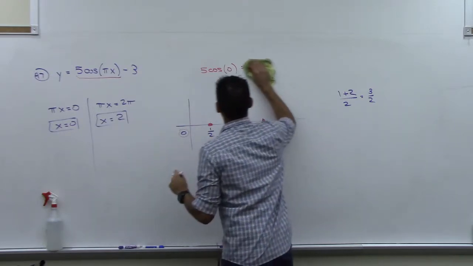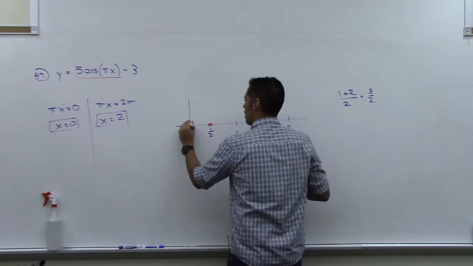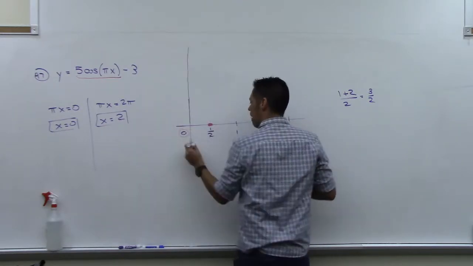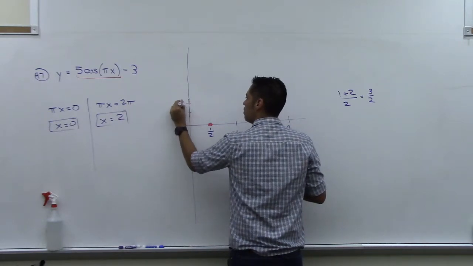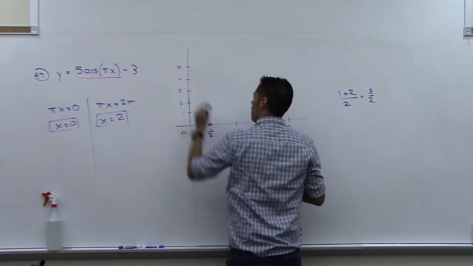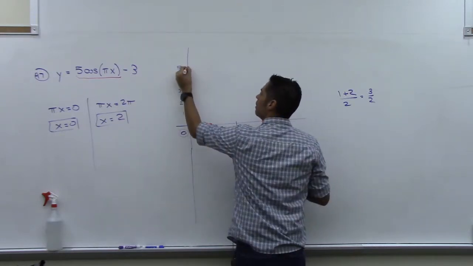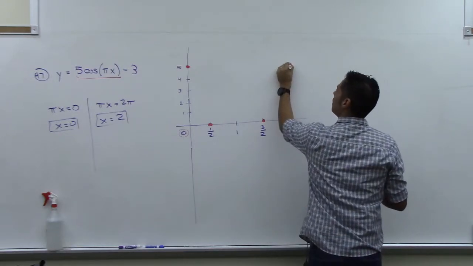All right. When I plugged in 0, I got 5. So I'm going to need to extend my graph up. All right. Let's say that that's 1, 2, 3, 4, 5. So I have a point up here. And then that means over here at 2, I'm up at 5.